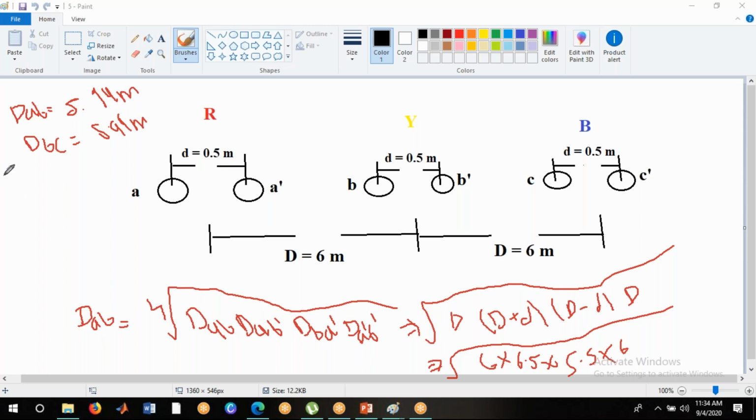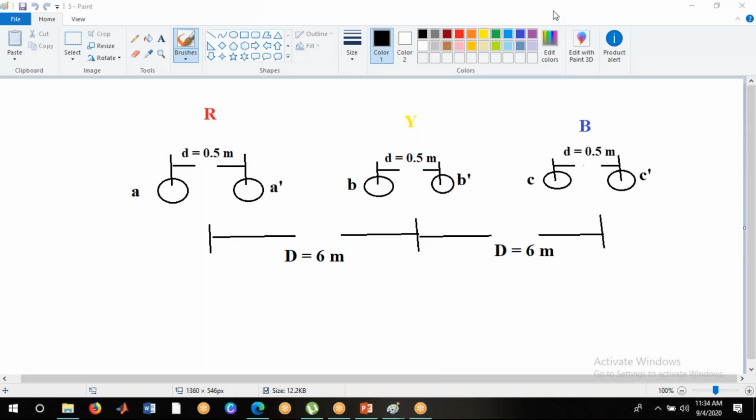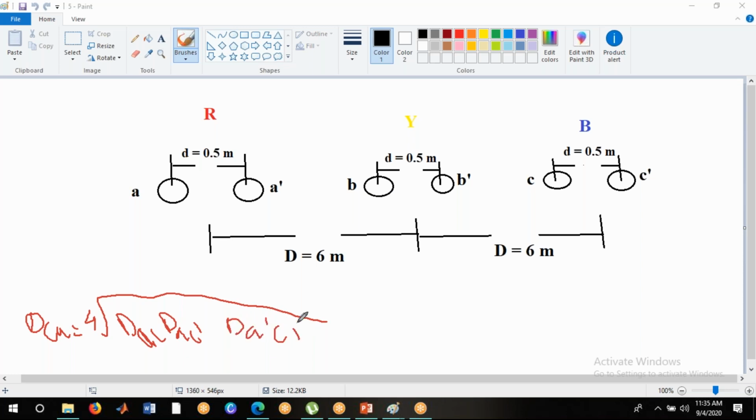Now we have to find out what is the value of DCA. For finding the DCA value, we have the 4 conductors, two in C and two in A, so totally 4. From DAC, DAC dash. Similarly, DA dash C, DA dash C dash.